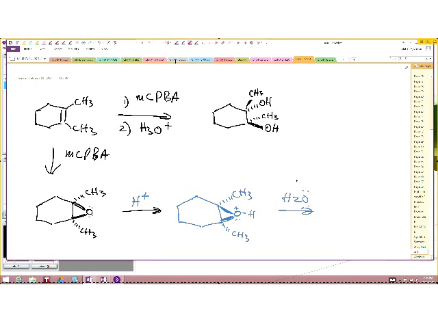Think of it that you have the cyclohexane ring, the epoxide is on this side. So the water has no choice but to come from behind. Okay? So what does it do? When it comes from behind, it opens this up, and that's where you get your trans addition, because the other hydroxy group is coming from the water.